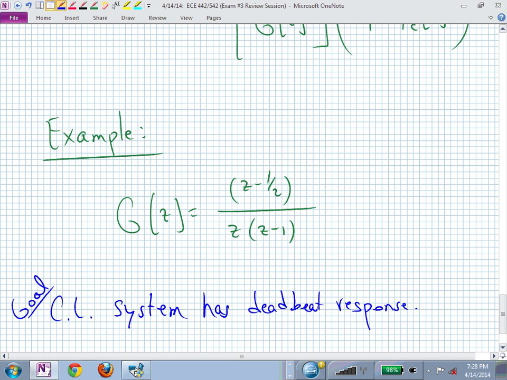Causality. You have to ensure causality, don't you? Which means, what does T sub C of Z have to have structurally? What kind of relationship?